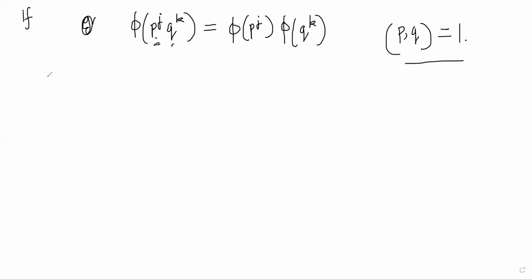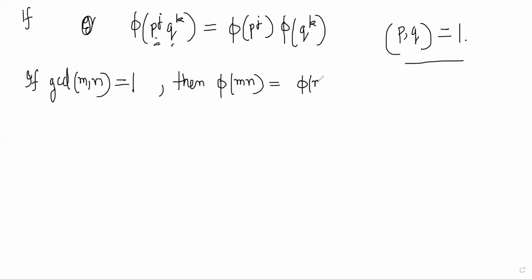So maybe the result is: if GCD of M and N is 1, then phi of MN is equal to phi of M into phi of N, right? Yeah. Correct. So this is what we want to prove: that if GCD of M and N is 1, then phi of MN is phi of M into phi of N, right? Yeah. Okay.